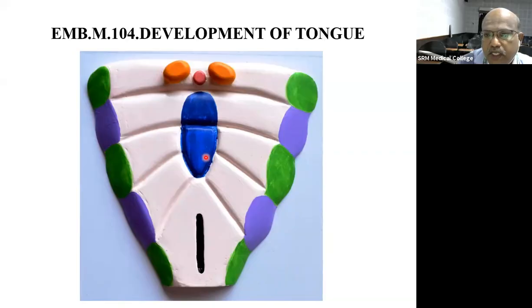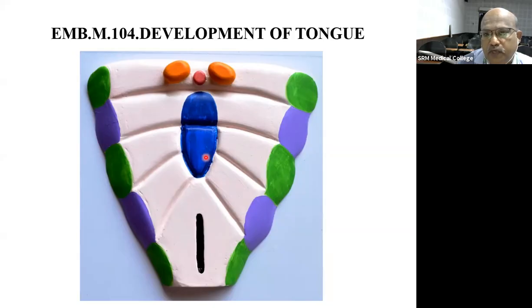Here also you should be able to demonstrate the nerve supply. The taste receptors present over the ventral aspect of your epiglottis are supplied by internal laryngeal nerve. Internal laryngeal nerve is a branch of superior laryngeal nerve, that in turn is a nerve of your fourth arch.